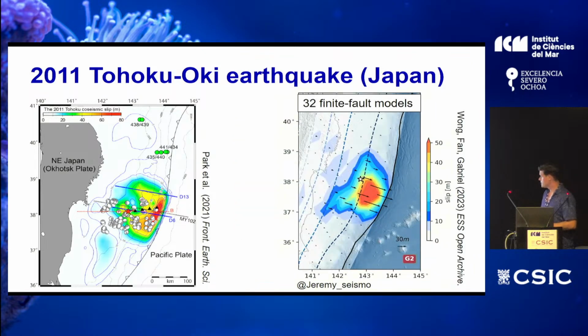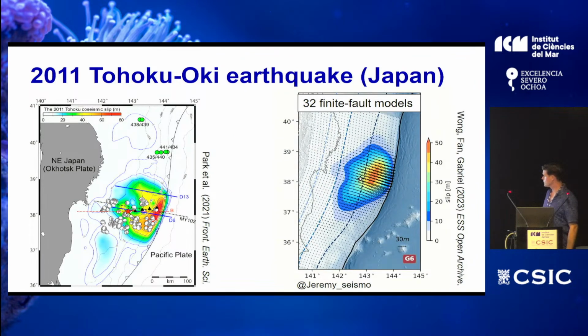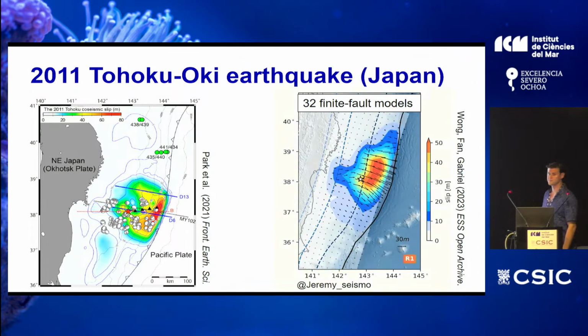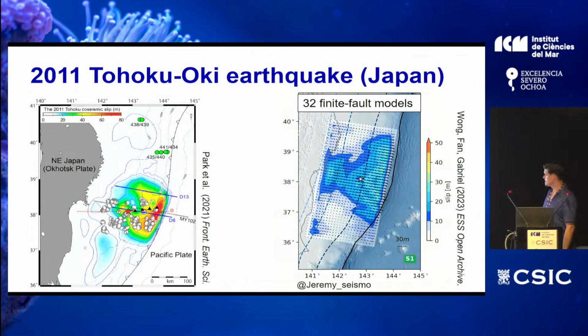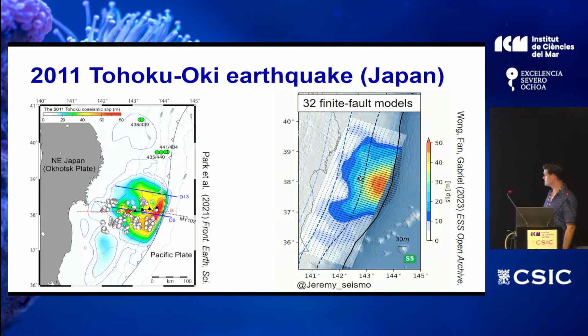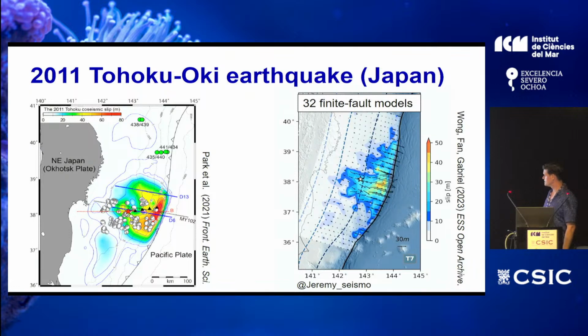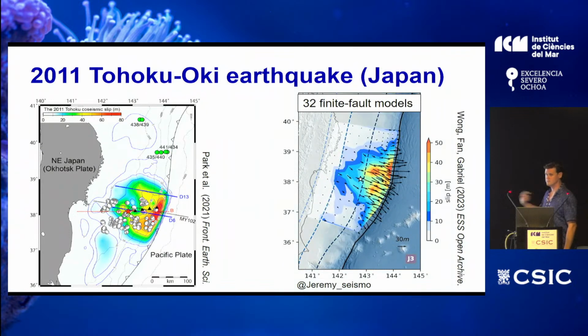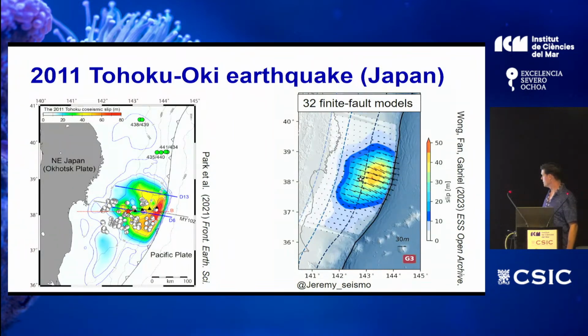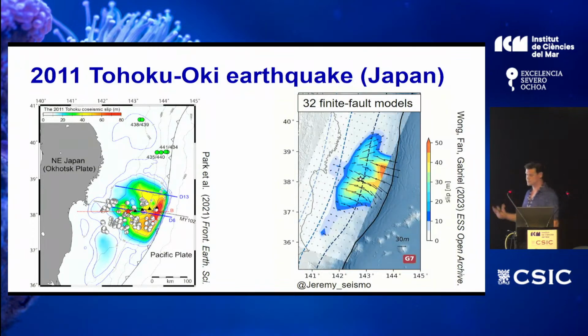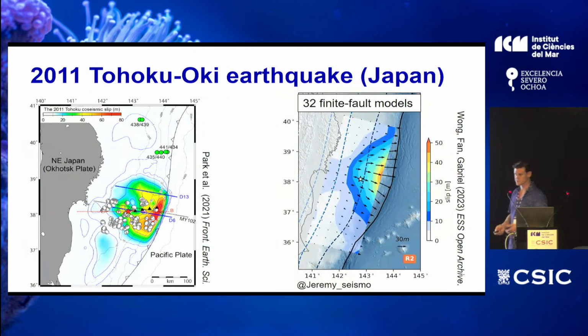Now, even though it's been well studied, what I'm showing here are 32 finite fault models of the earthquake. So this is showing the potential fault displacement that the same earthquake had at that moment, and you can see that there are a lot of variations in here.